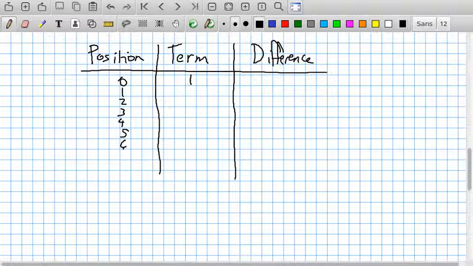So it is 1, 2, 4, 8, 16, 32, 64, dot, dot, dot. So let's take a look at the differences.